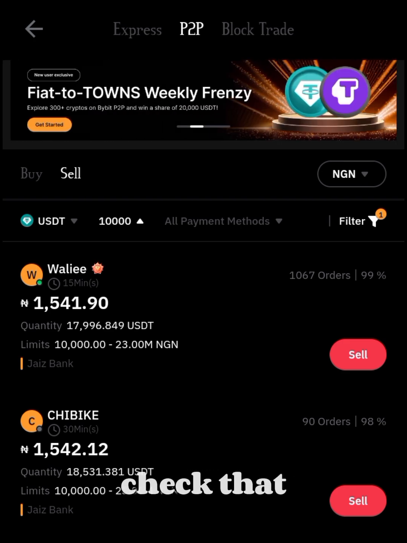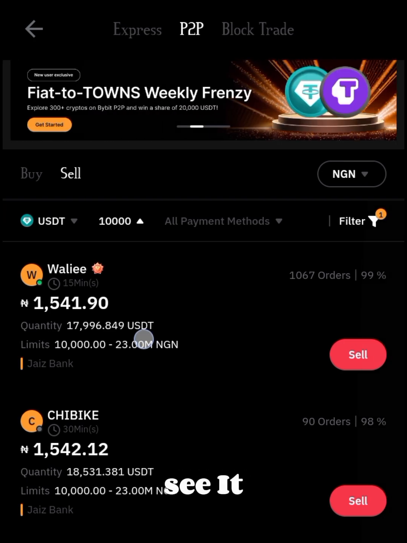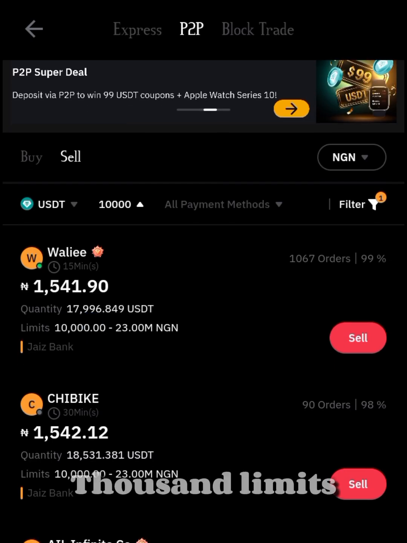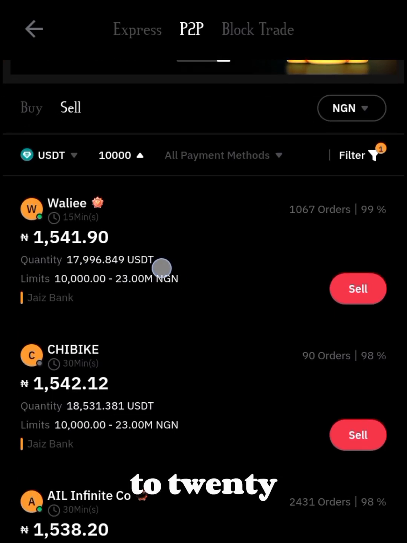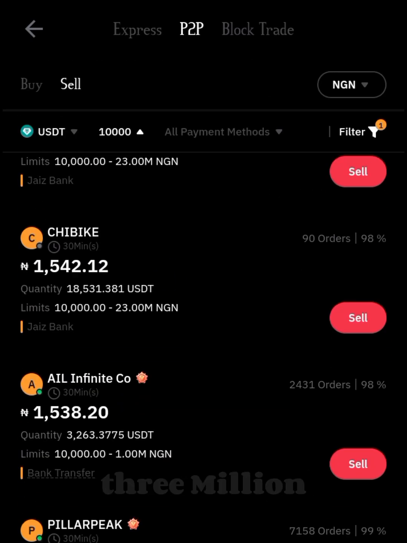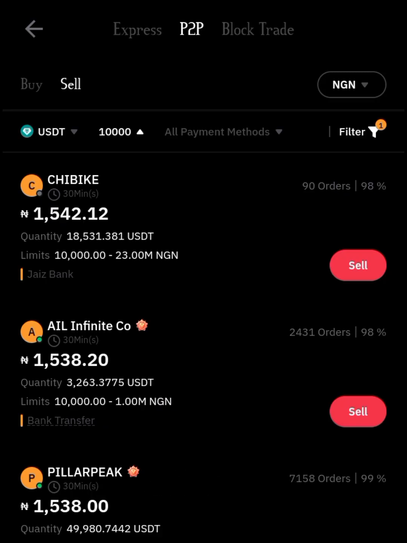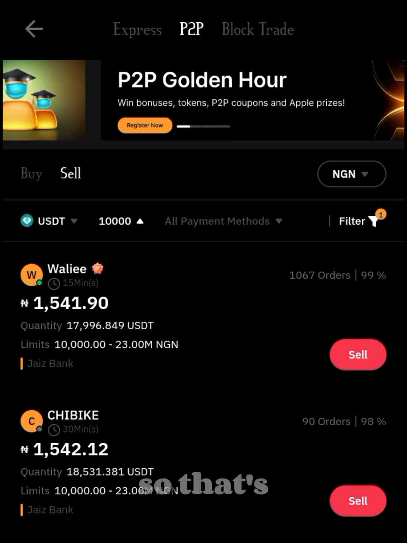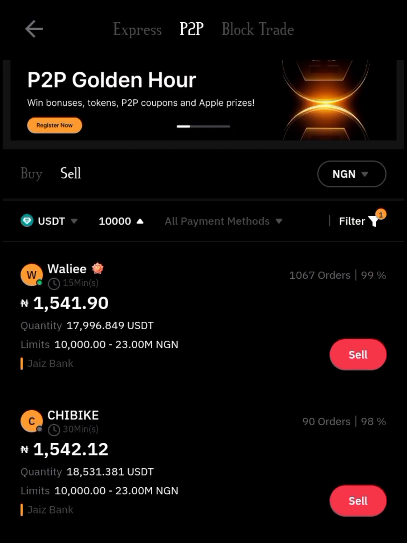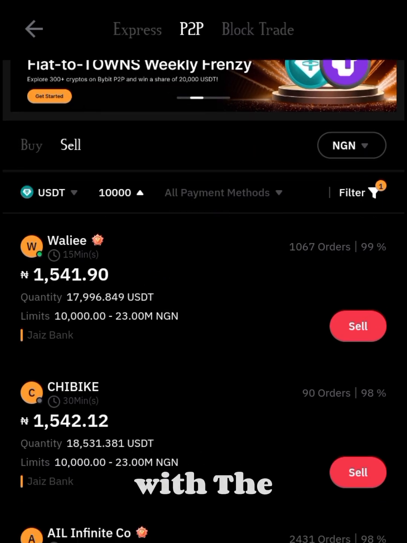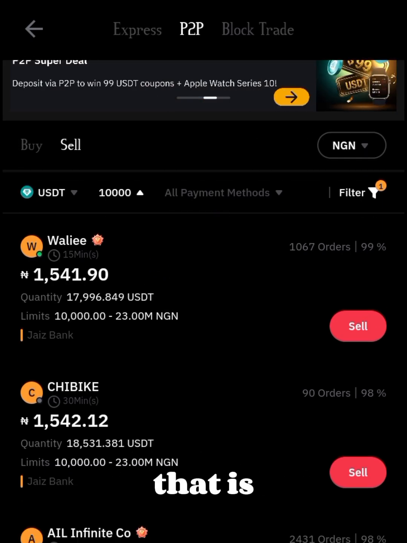Now to check the amount they want to transact, you can see it here. So you can see limits from 10,000 to 23 million, 10,000 to 23 million, 10,000 to 1 million, 5,000 to 23 million. That's basically how to filter it out, and you see the current rate with the amount you have. If you are doing 10,000 naira, the rate can be the same as someone that is doing 10 million naira.